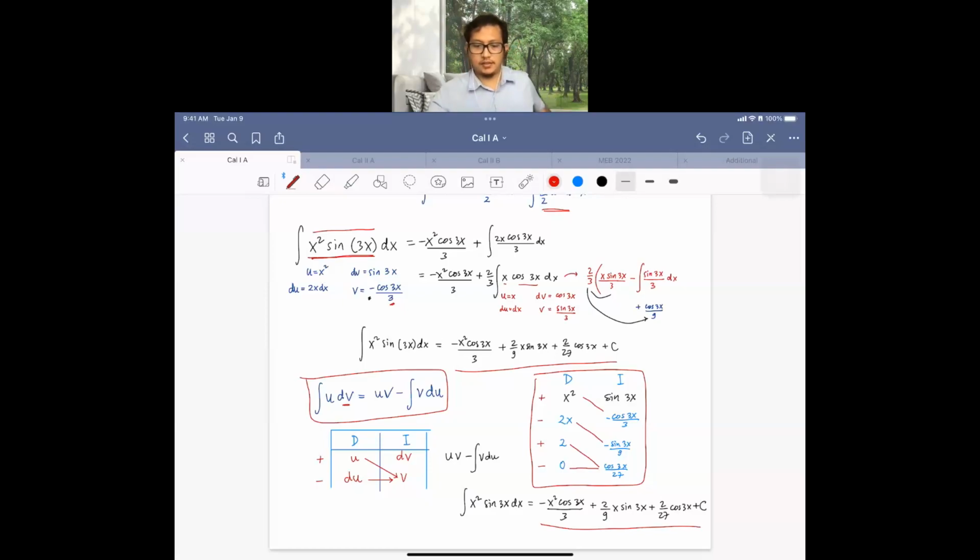Okay. Any questions regarding this integration by parts or my DI method here?